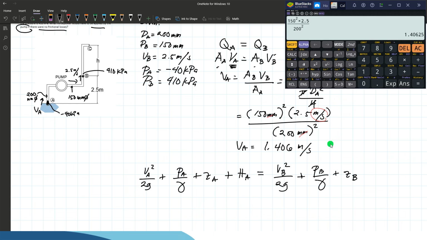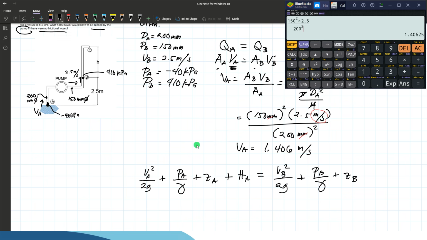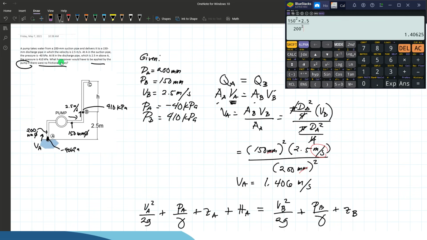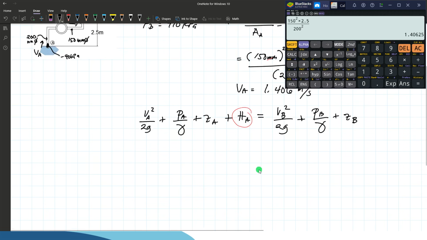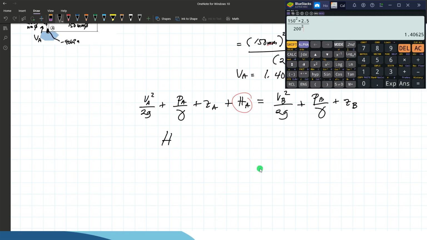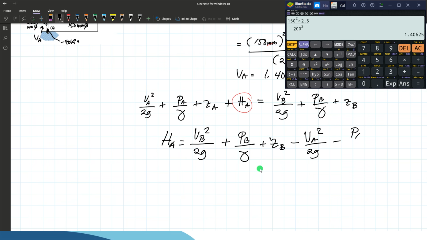The unknown is to determine the horsepower. We can determine the power of the pump from the computed head. So HA equals VB squared over 2g plus PB over gamma plus ZB minus all of these values: VA squared over 2g plus pressure at A over gamma plus Z at A.